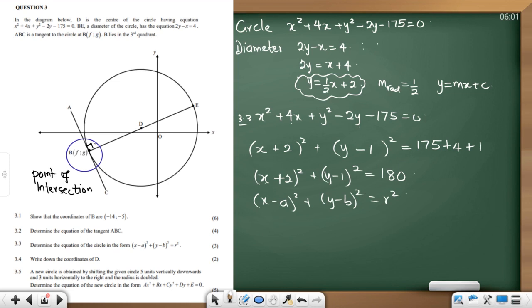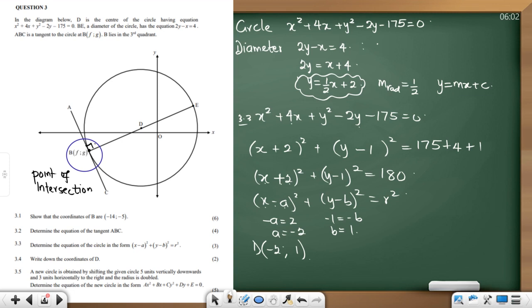So if you compare x plus 2, negative 2, do you see that? Negative a. We are saying negative a equals 2. So what is a? Negative 2. That's why the sign changes. If you look at this, minus 1 equals minus b. So what is b? b is 1. So the center of the circle is negative 2 and what? What about the radius?